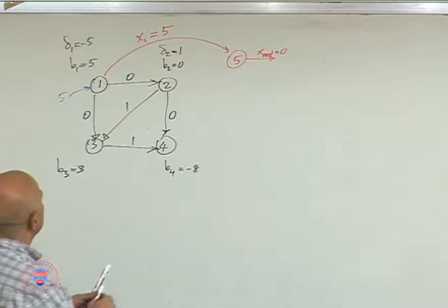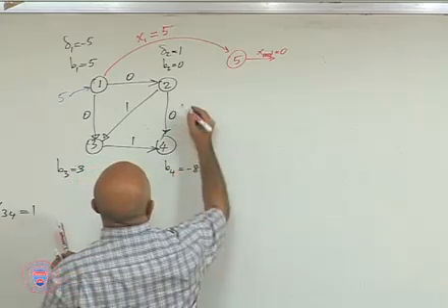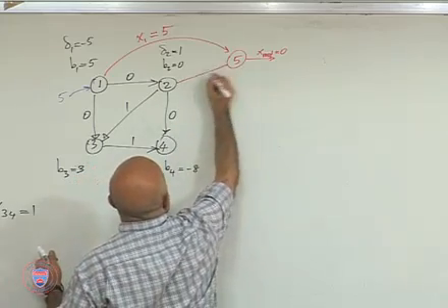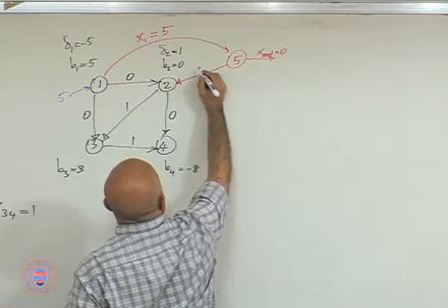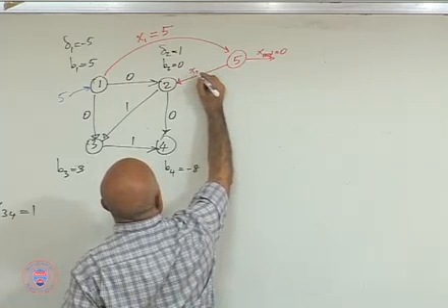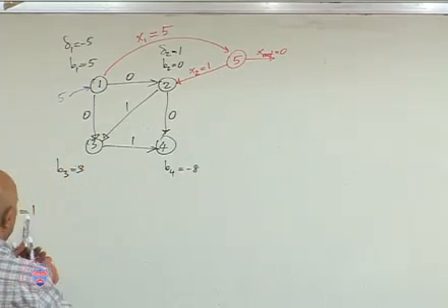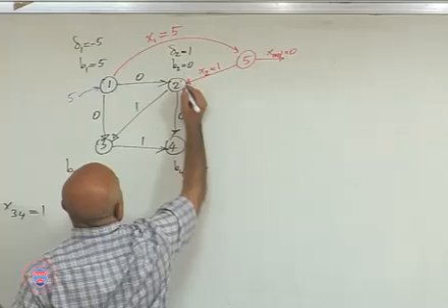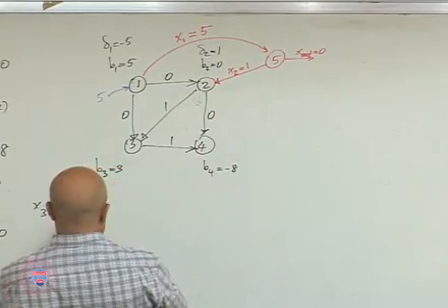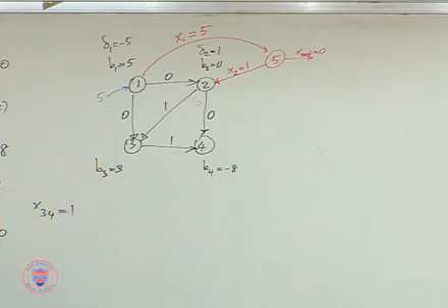Which means I've got this sort of an arc, and that's going to be equal to x2, and it's going to have 1 unit of inflow here, because delta 2 equals 1 means 1 unit is coming out. You can see that, okay?